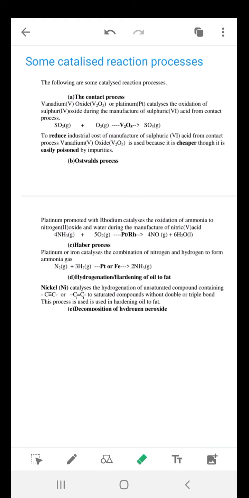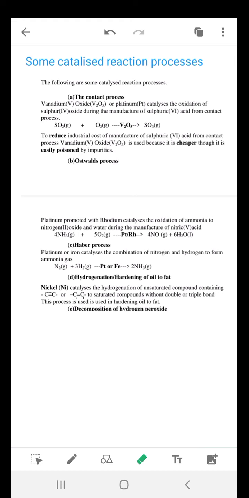To increase the surface area, thus increasing the rate of reaction. So platinum rhodium is used in oxidation of ammonia to nitrogen 2 oxide and water during the manufacture of nitric 5 acid.